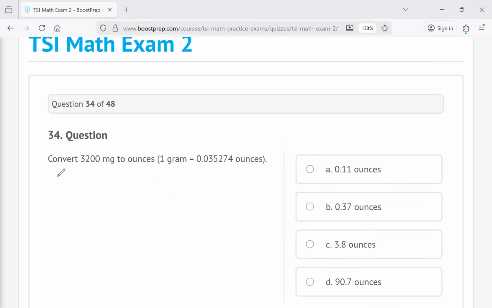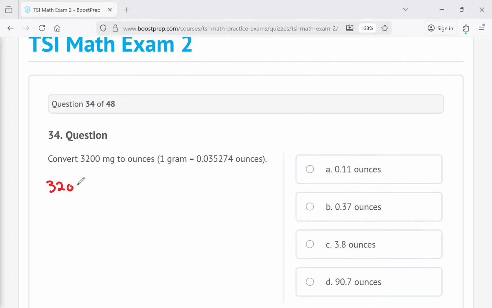Convert 3,200 mg to ounces. 1 gram equals 0.03274 ounces. So what we have to do is kind of like stoichiometry in chemistry.